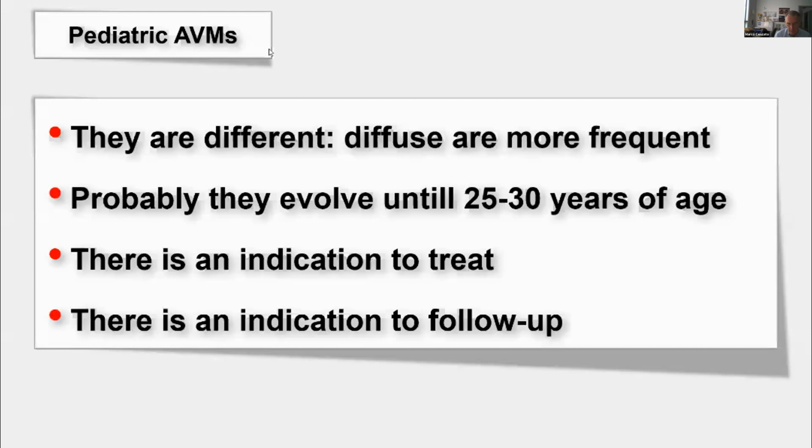There is no confirmation that this can evolve, but there is a suspicion. There is an indication to treat also in children, in our opinion, and there is an indication for a strict follow-up until the age of 25, 30.